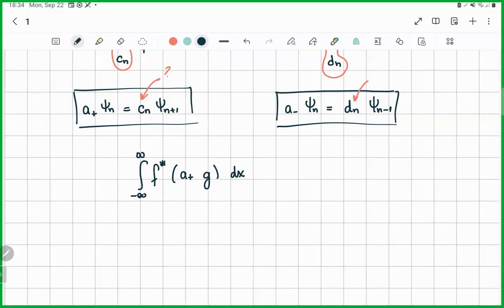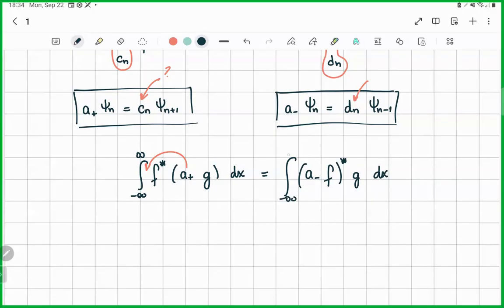And we want to show now, and this is going to be very useful to find those normalization constants, that this is equal to: I'm going to bring this A plus in front, and what we get now is A minus acting on that function f, all that complex conjugate, times g dx.